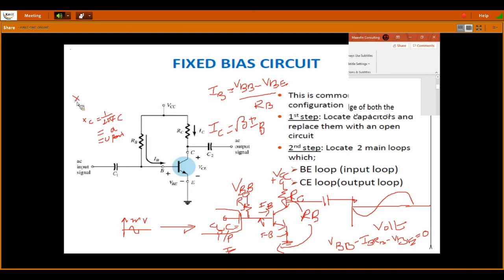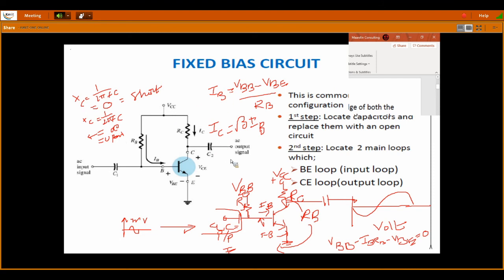For an AC signal, if I apply a very high frequency, the denominator 2 pi FC becomes large. If F is infinite, the reactance offered by the capacitor becomes 0. So for AC analysis, you replace the capacitor with a short circuit since it has 0 resistance or reactance. For DC signals, the capacitor offers a heavy, infinite reactance, and can be replaced with an open circuit.